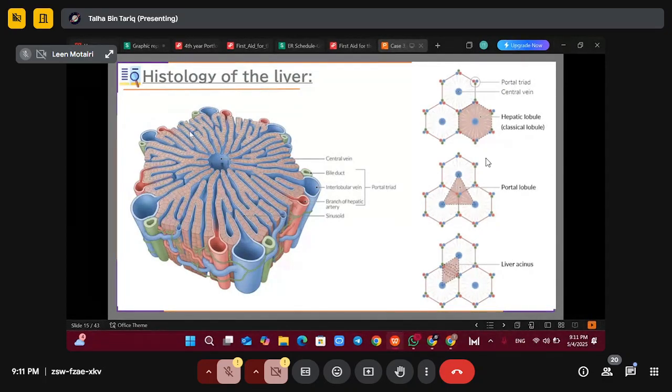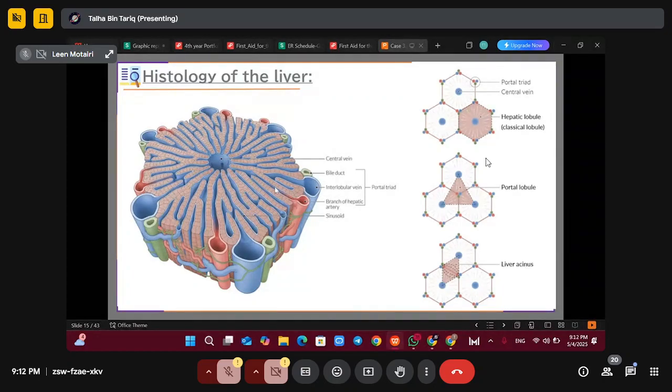So you can see at the periphery, at the vertex, we have the hepatic artery, the portal vein, and the bile duct tube. Now over here, you can also see different hepatic globules clustered together, and all of these form the liver, right? And within these hepatic globules, I hope you can see these skin colored or peach colored cells.